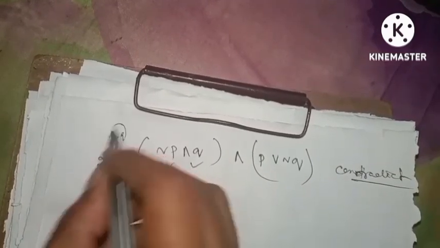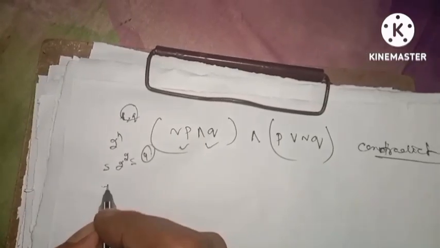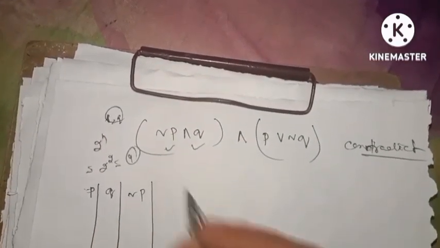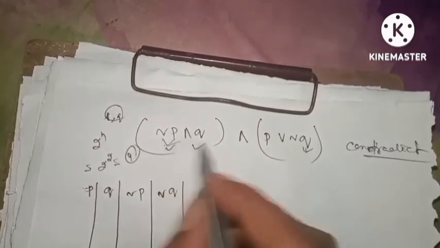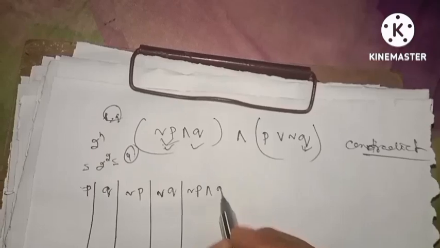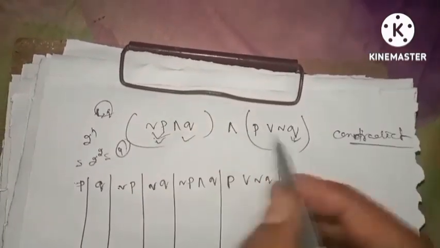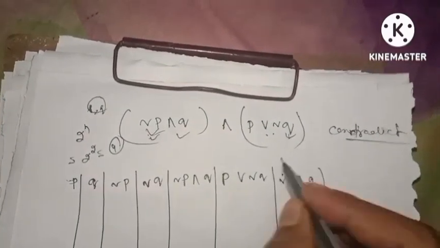For the columns, I'll write p, q, negation of p, negation of q, and also negation of p conjunction q, and p disjunction negation q, and finally the whole statement: negation of p conjunction q, conjunction with p disjunction negation q.